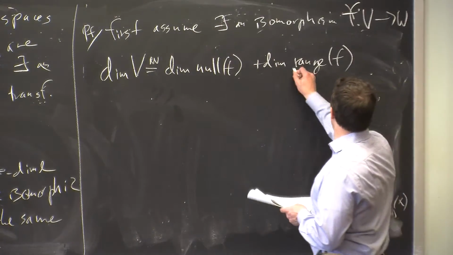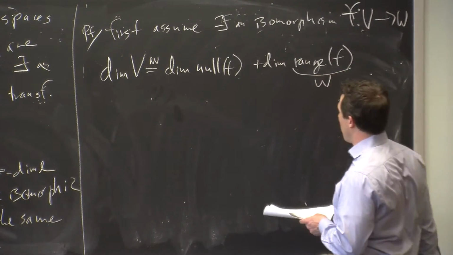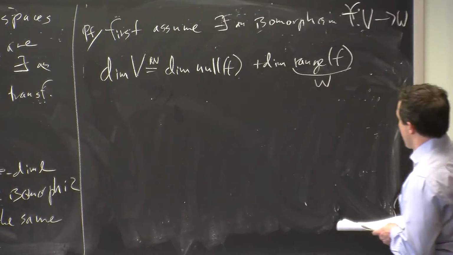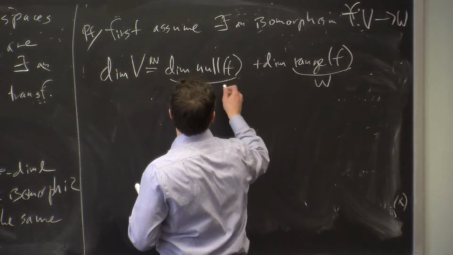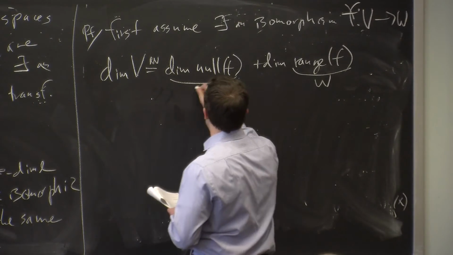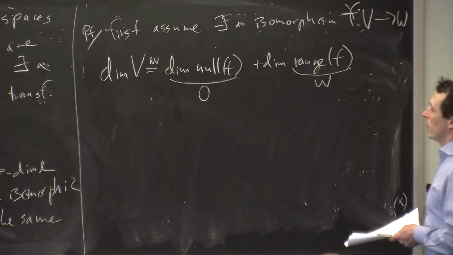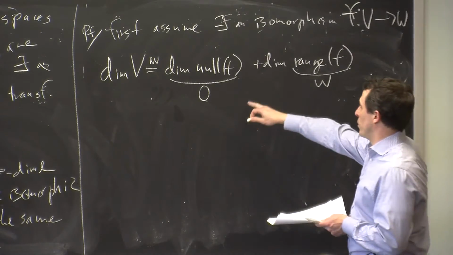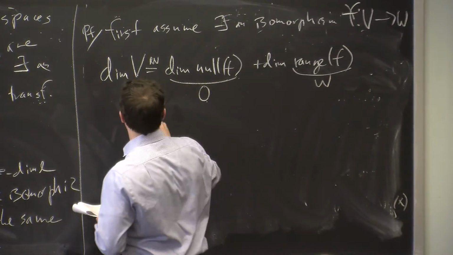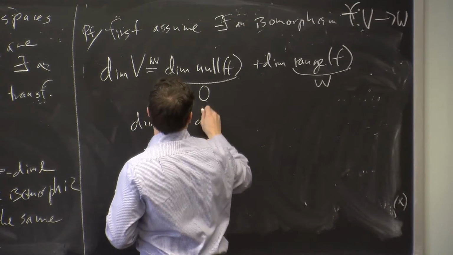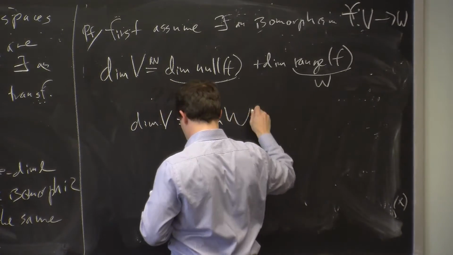So the range of F is equal to W. The null space of F is equal to the 0 space, and the dimension is equal to 0. So we're saying the dimension of V equals 0 plus the dimension of W. So the dimension of V equals the dimension of W.